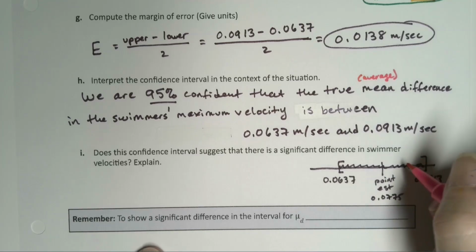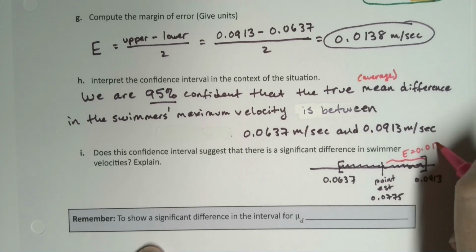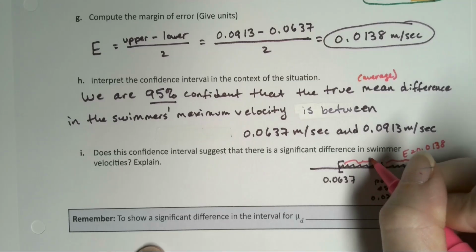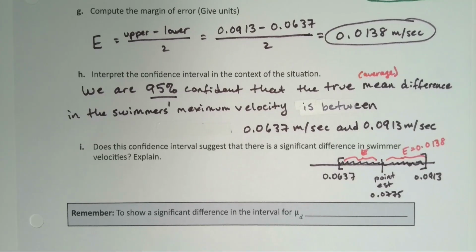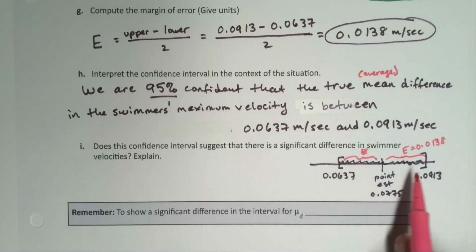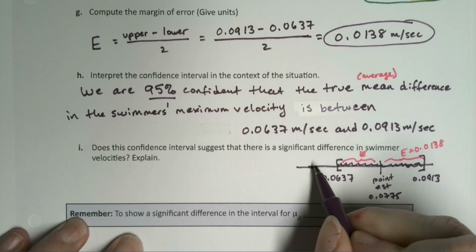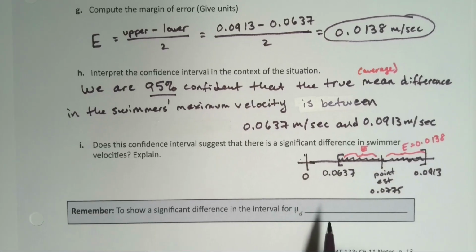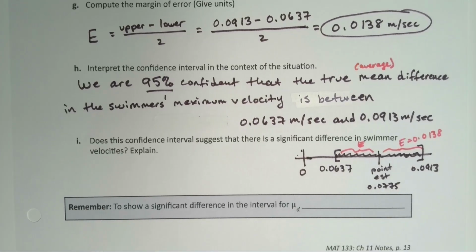And the error is this distance right here, which was 0.0138, and also this distance. So we're 95% sure it's in there. But what is not in there is 0. 0 is lower than all of these numbers. It's lower than the lower number.